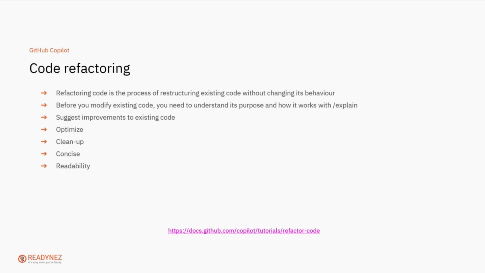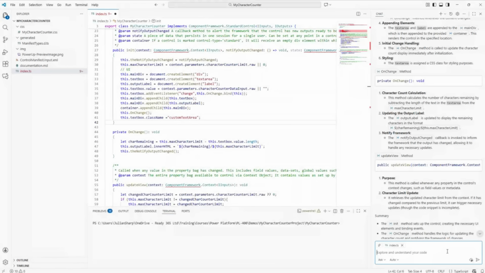Another one, code refactoring. Code refactoring is about changing how a function is written without changing how it behaves. So again, what we might do is ask it to suggest improvements for readability. Let's just try this one. I'll go to my code and say suggest improvements for readability.